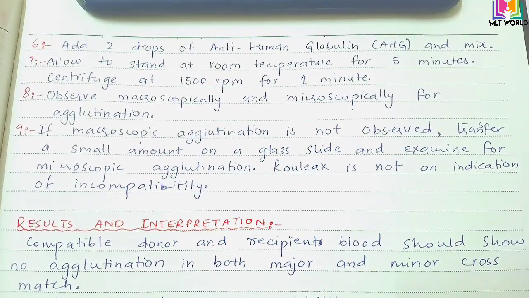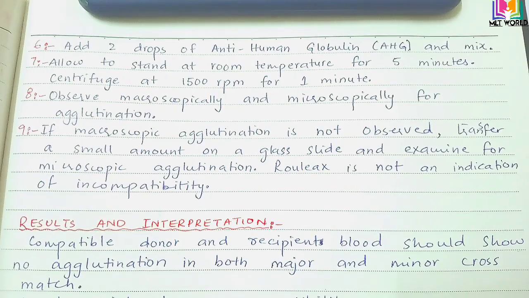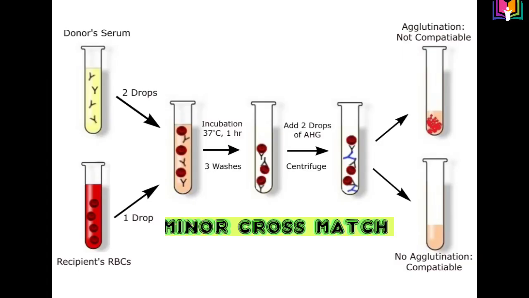Now we will see how to read the results and how we can interpret them. Before going to result interpretation, I will show you the diagram for minor cross match. In minor cross match, as we told, we take 2 drops of donor serum and 1 drop of recipient red cell suspension, and then we incubate at 37 degrees centigrade for 1 hour, and then we do 3 times washing.